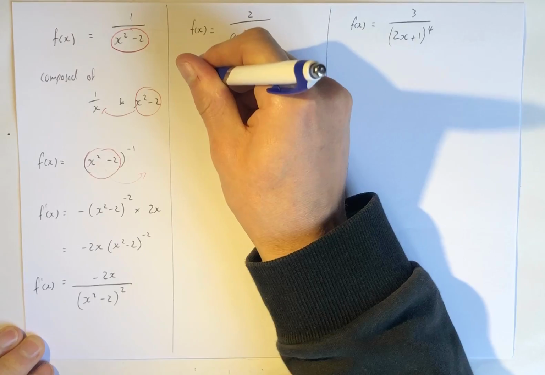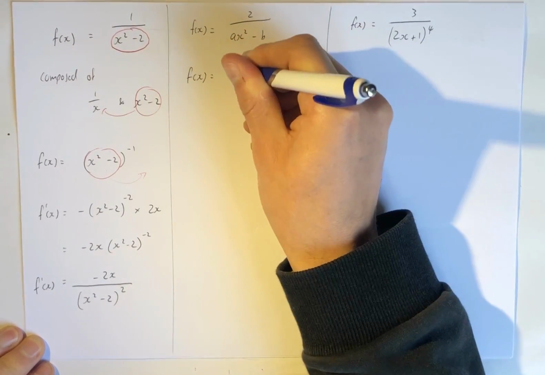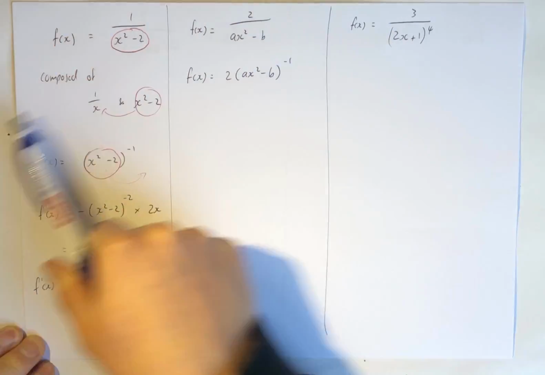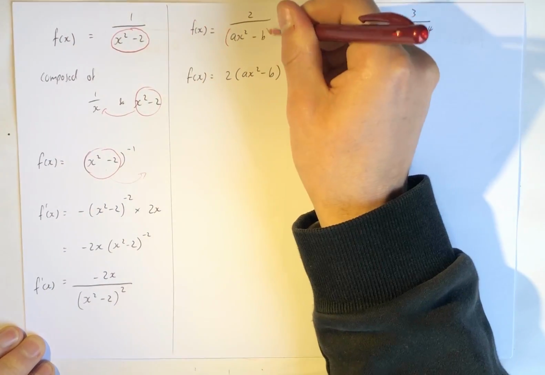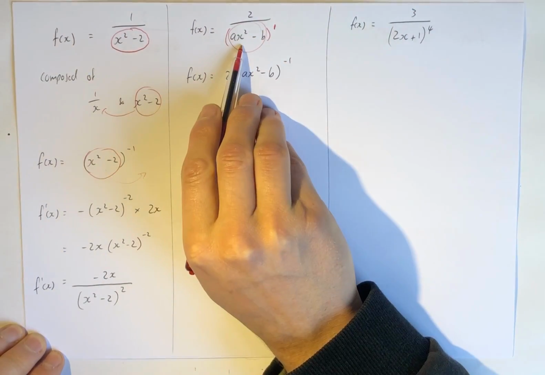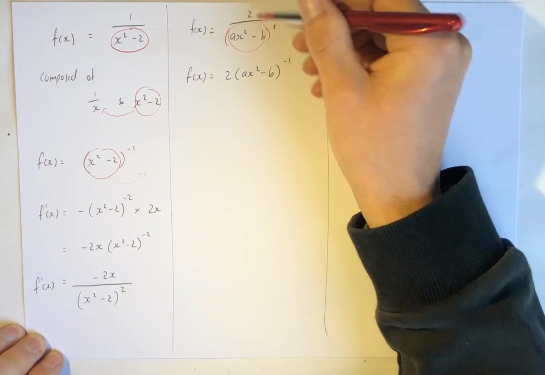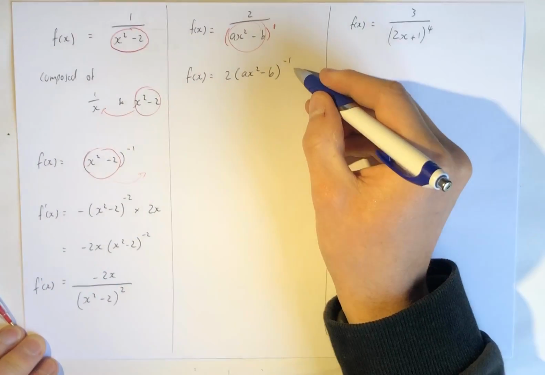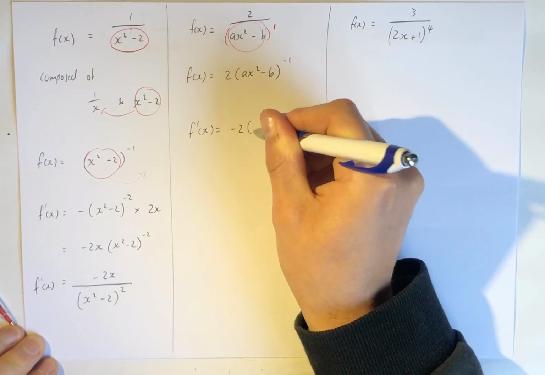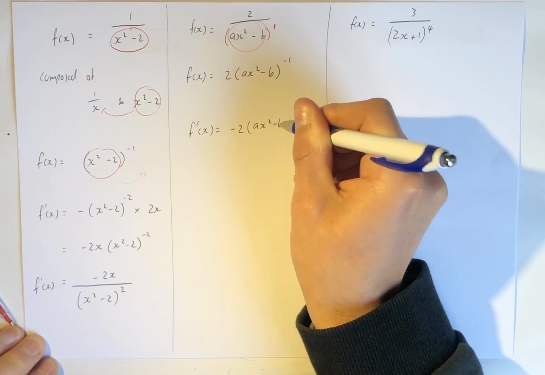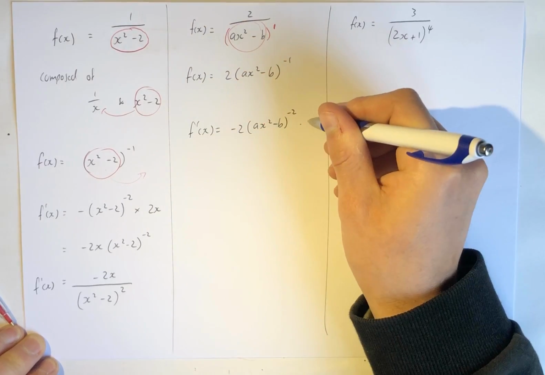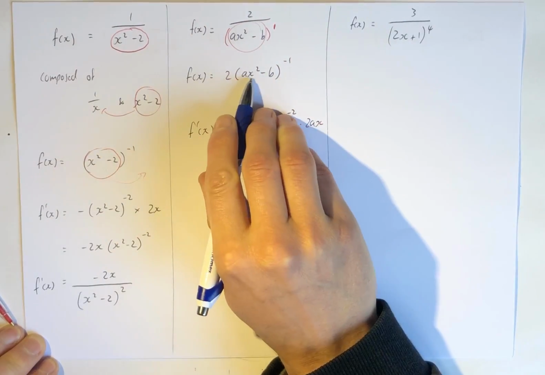So I need to write this as f of x is 2 times ax squared minus b to the negative 1, because this has a power of 1 on it, doesn't it? This here is our inside function, and our outside function is just 2 over that. So if we're taking a derivative, f prime of x: negative 2, ax squared minus b, reduce the power, multiply by the derivative of the inside, 2ax.